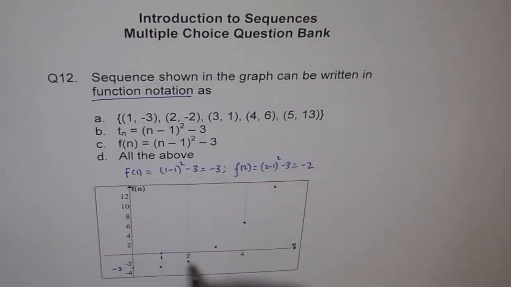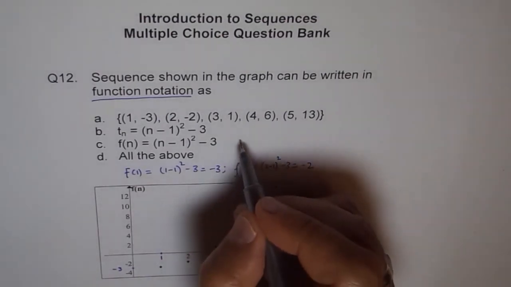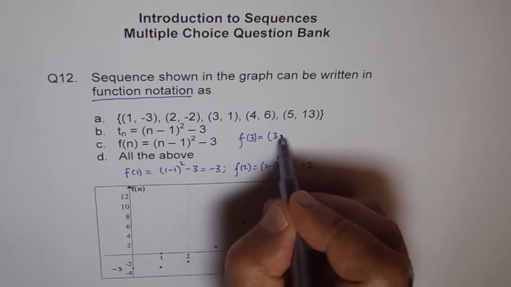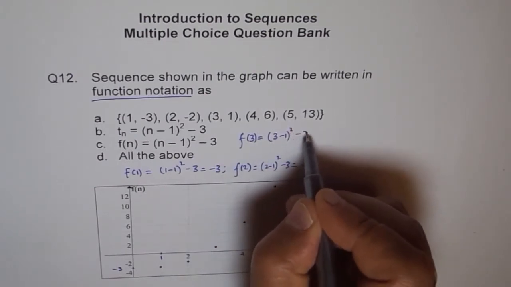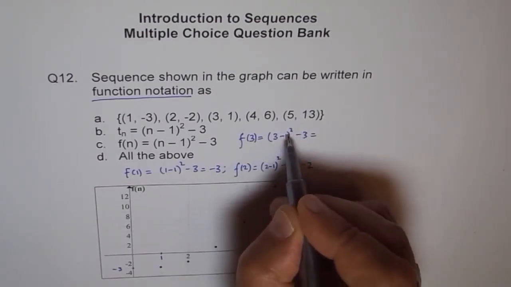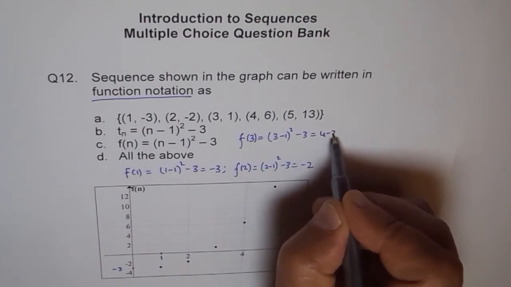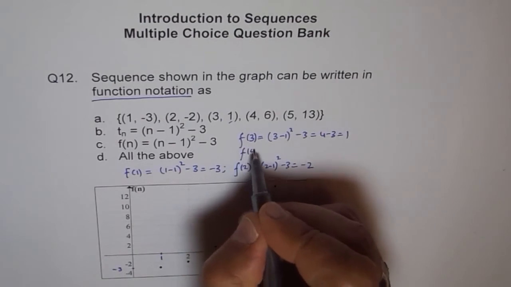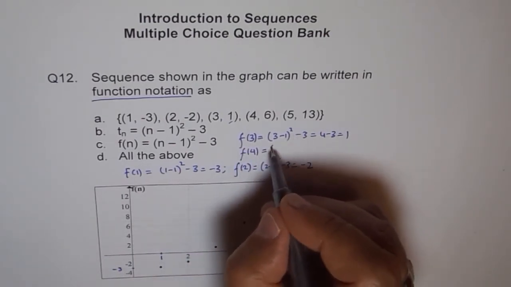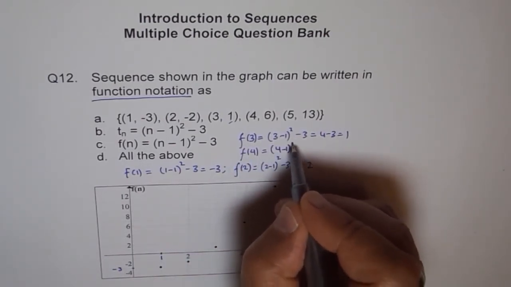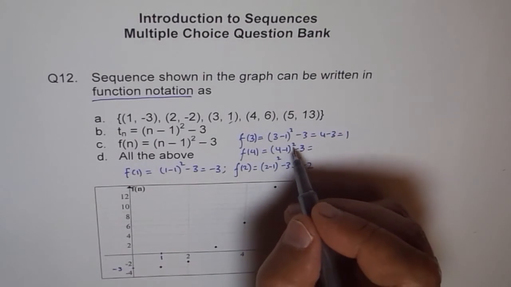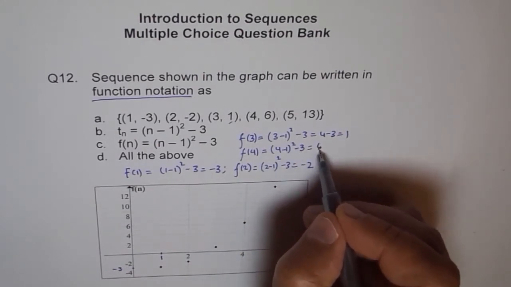F of 3 equals 3 minus 1 whole squared minus 3. 3 minus 1 is 2, 2 squared is 4, 4 minus 3 is 1, right? And f of 4 equals 4 minus 1 whole squared minus 3. 4 minus 1 is 3, 3 squared is 9, and 9 minus 3 is 6, right?